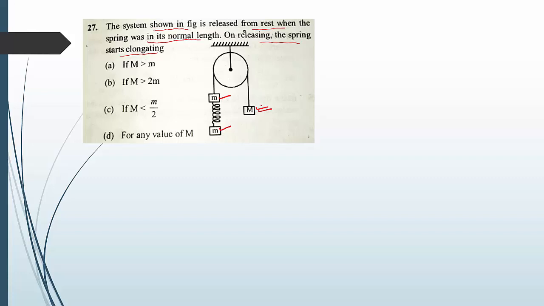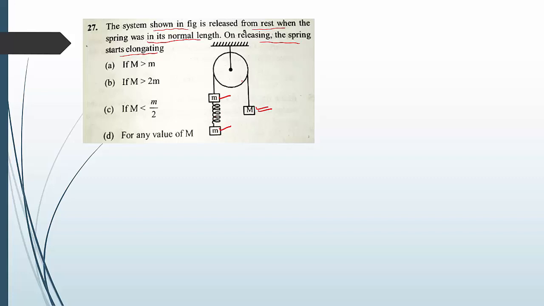So it starts to accelerate down, right? So it is not a numerical question. Think and answer here. The first option is M is greater than small m. Second option, capital M should be greater than 2 times of small m. Third one, M is less than m by 2, and the last, for any value of M.